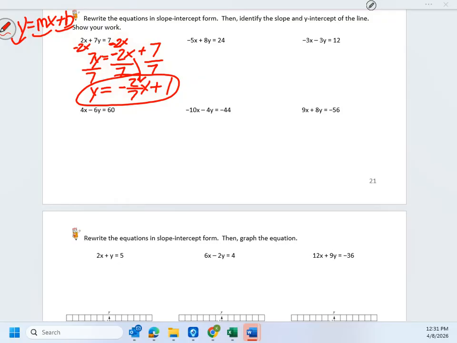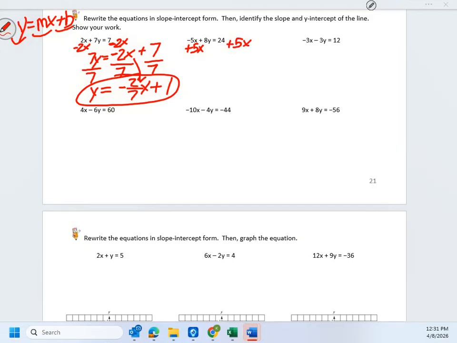Positive, which would be what operation? Think about what a positive sign looks like. Addition. Yeah. So if I have negative 5x, what's the opposite I want to write? Add. So I'm going to add 5x to both sides.